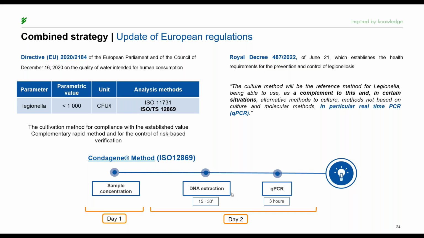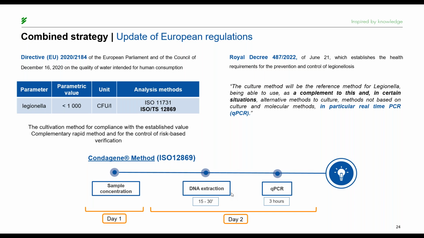This also comes in part from the experience of the application of these regulations, the surveillance of Legionella in recent years, the trends, availability of new techniques and innovations, and in general advances of technology that allow the improvement of these processes.